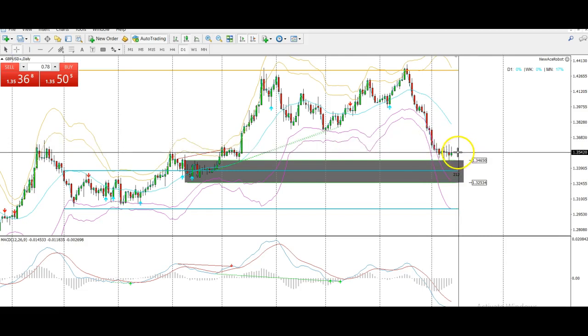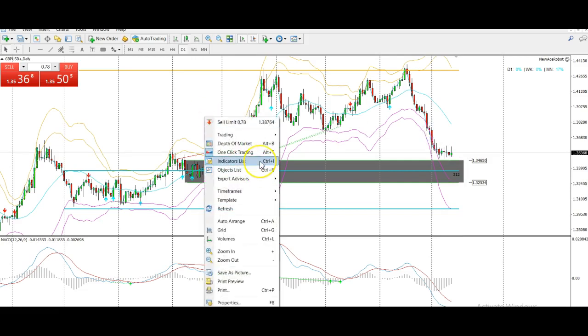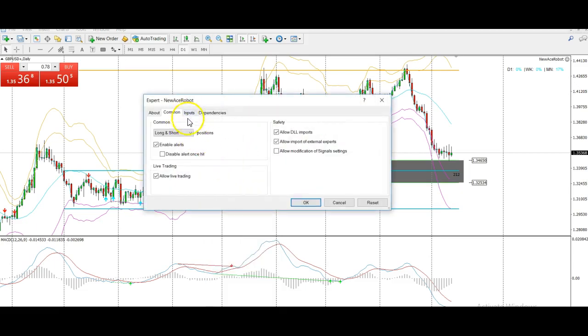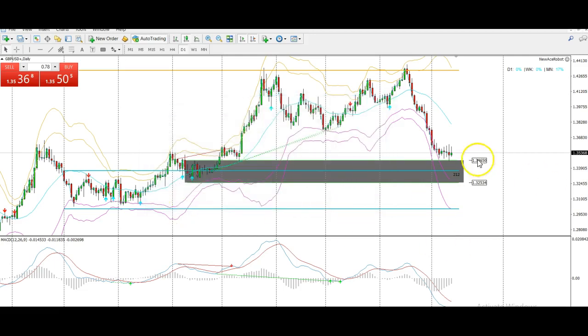Last area that caused the last high, last low, which is here. And you've got like a 200 pip move there once you get a signal. If it doesn't give a signal, we're looking to only enter long. Inputs 100, and we've got a 200 pip take profit. 200, and voila.